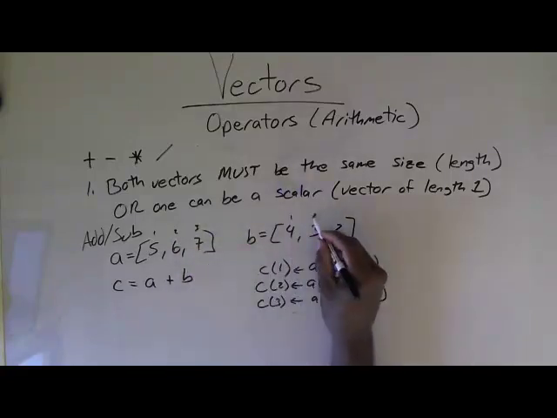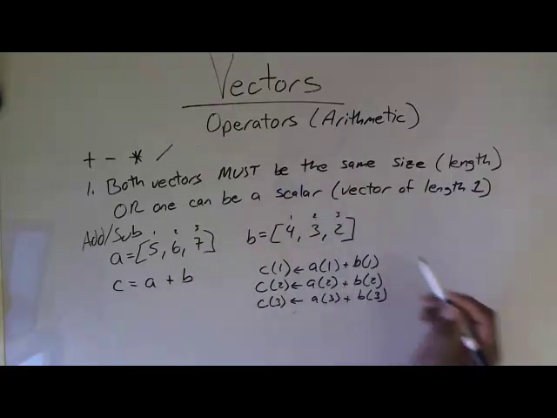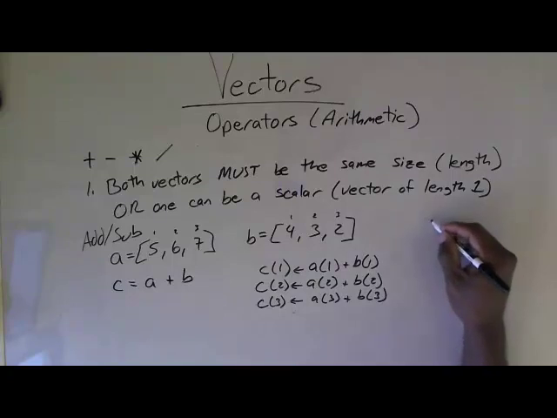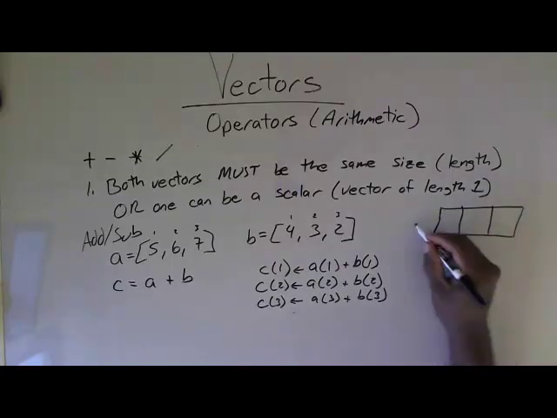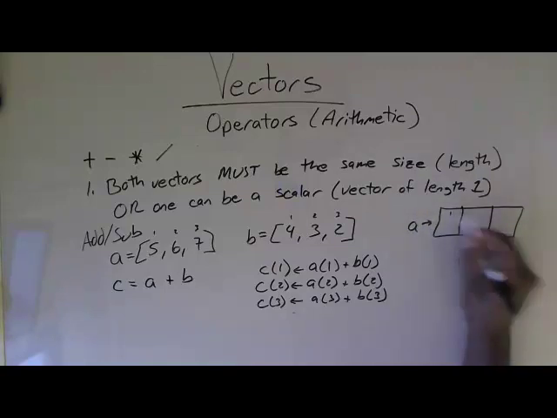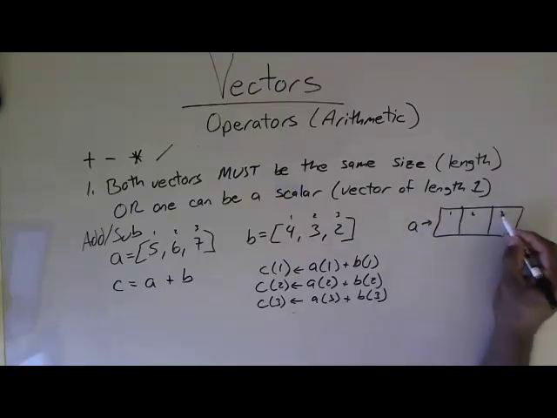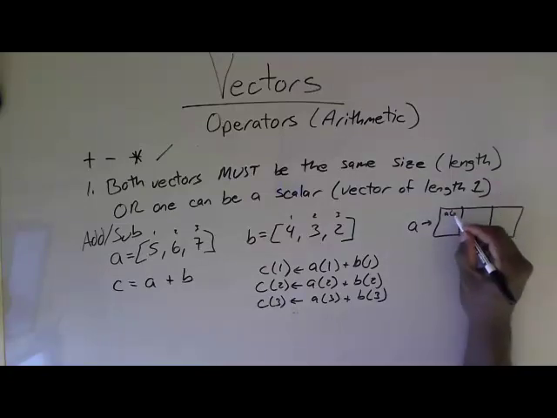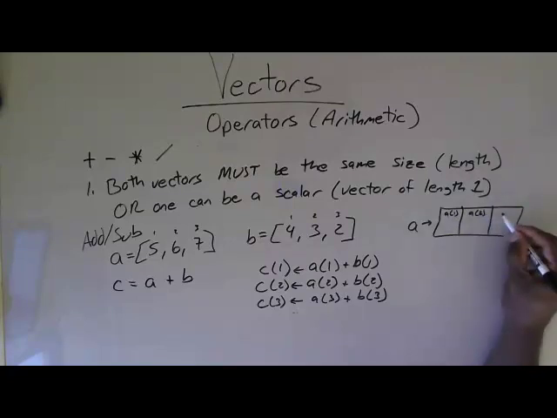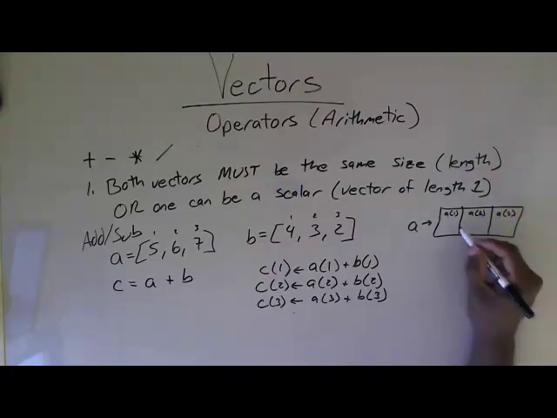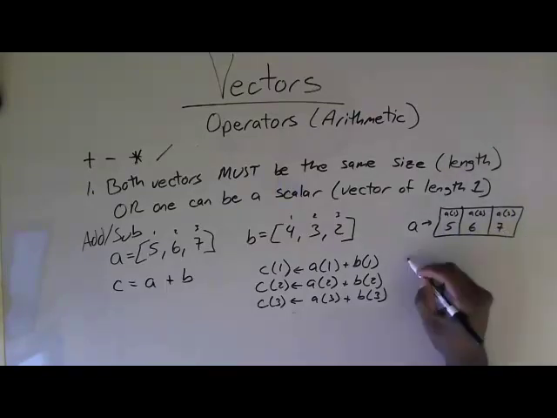To belabor the point a bit more, if this is vector A in memory, the index is 1, 2, 3, or more specifically, A sub 1, A sub 2, A sub 3, with values 5, 6, 7.